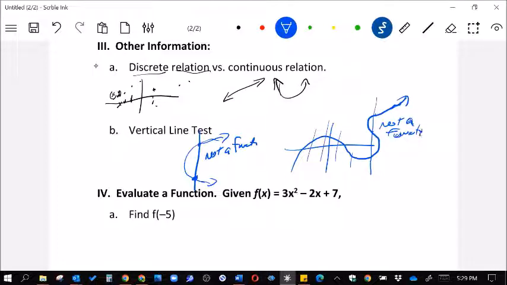F-U-N-C function, I-O-N. Okay. So those are concepts to see, and the vertical line test helps you make a very quick graphical decision about whether or not something's a function.